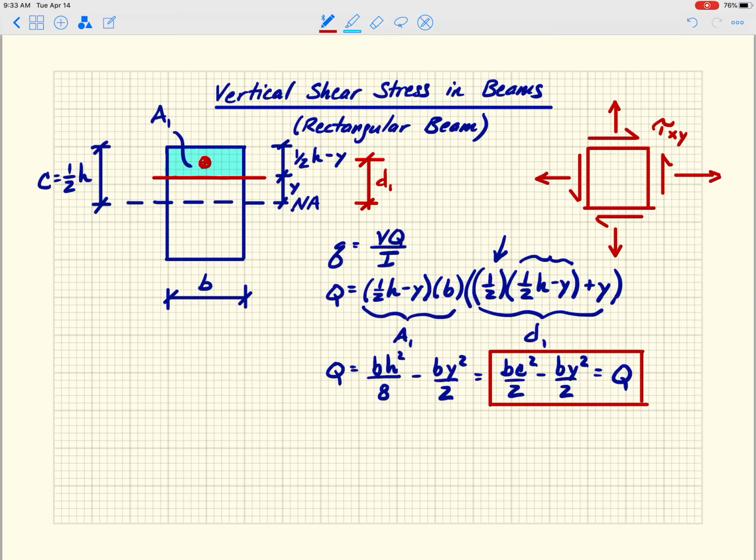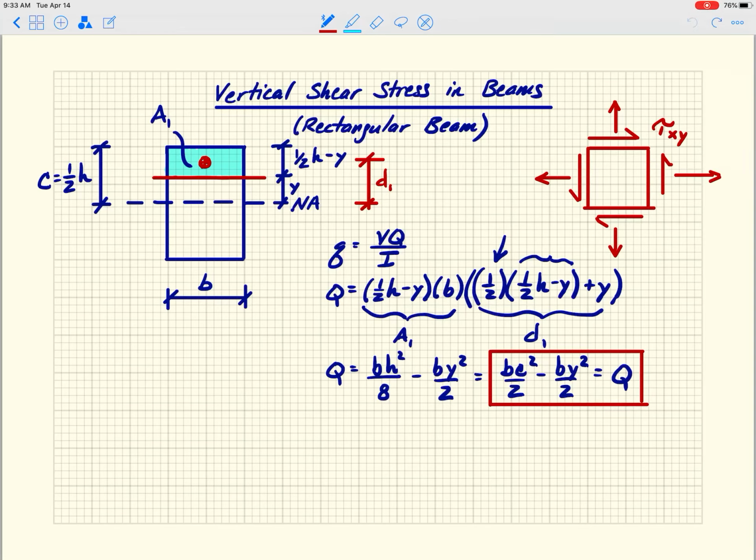Because any other value of y gets subtracted from that first term. But at y equals 0, so that would be the neutral axis, I actually have a maximum of my shear force. Sort of interesting. So where the bending stress is a minimum, the shear flow, and ultimately, as we'll see, the shear stress, which are proportional to Q, are maximums at that location.